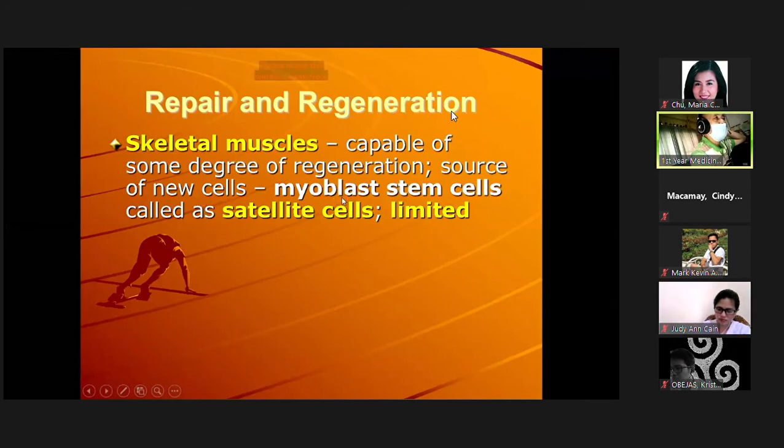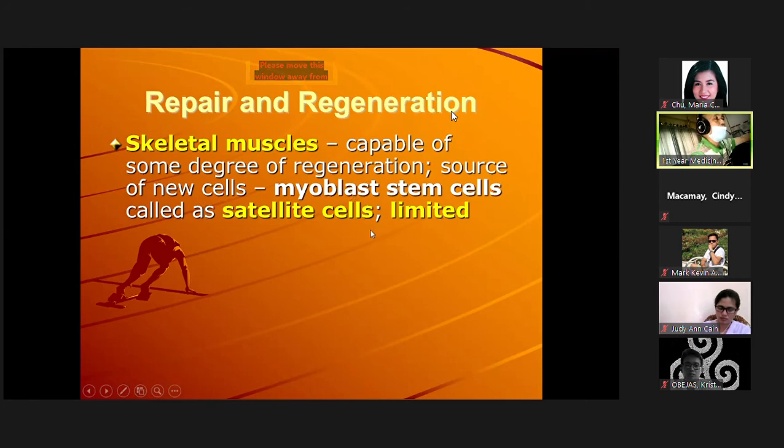The word cyte means mature, blast is the young one. Fibroblast, fibrocyte: as you have taken up in connective tissue, the fibroblast produces the fibers, while if it is already mature, the fibrocyte, it cannot anymore.